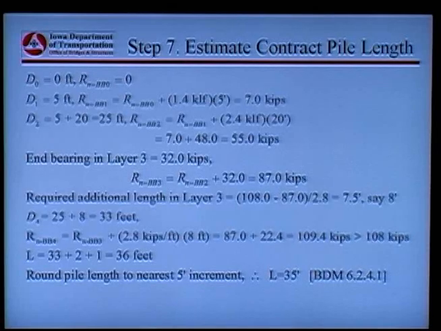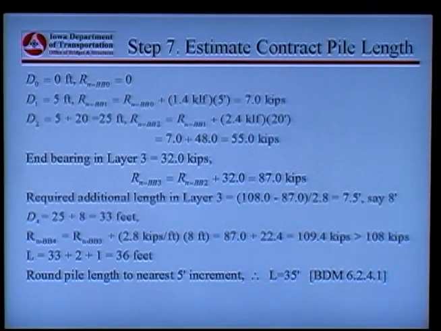So in layer 2, the unit friction is 2.4 from our design chart multiplied with the thickness, which is 48, plus the previous resistance from layer 1. Total is 55 kips. We're still short, right? Because we require 108, which means that we need to drive the pile further down.